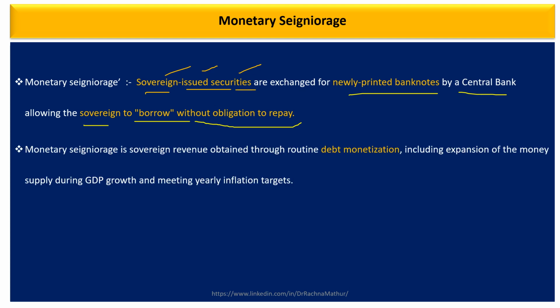So, monetary seigniorage is a sovereign revenue obtained through routine debt monetization, including expansion of money supply during GDP growth and meeting yearly inflation target.